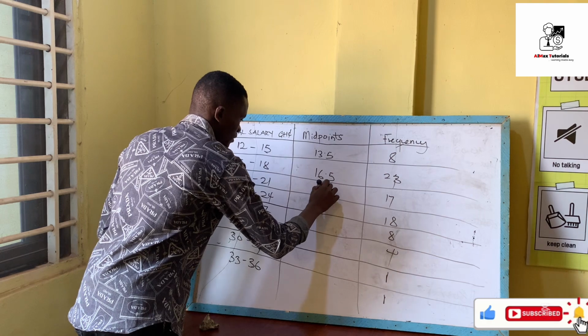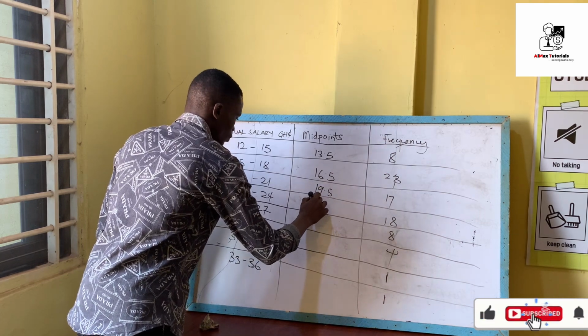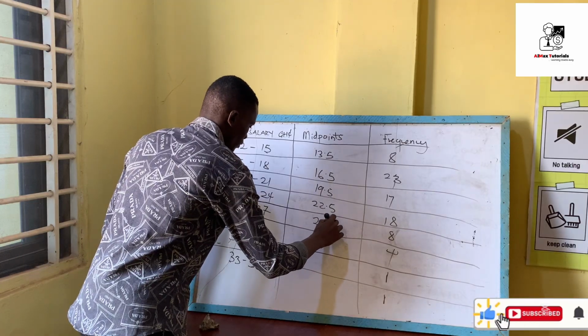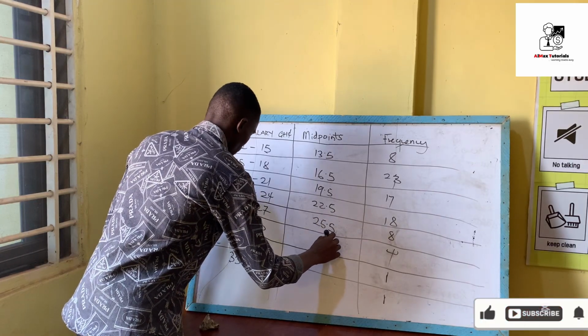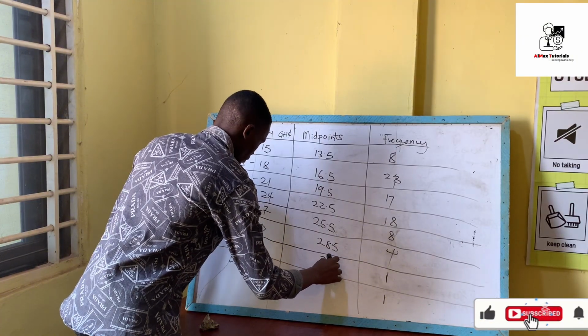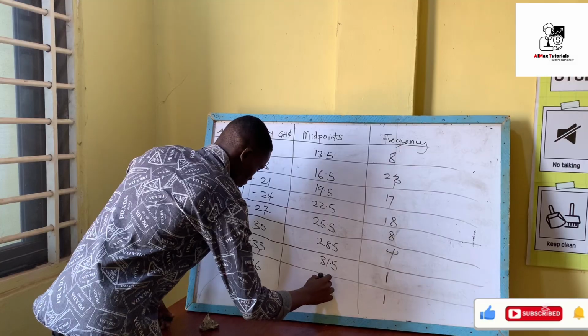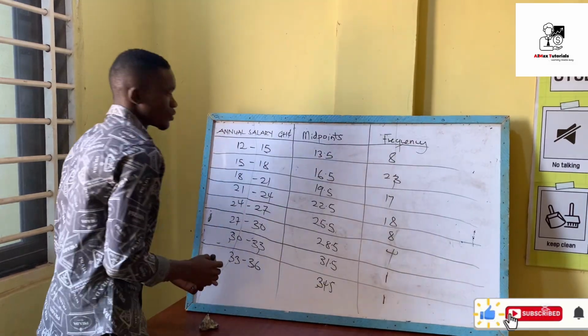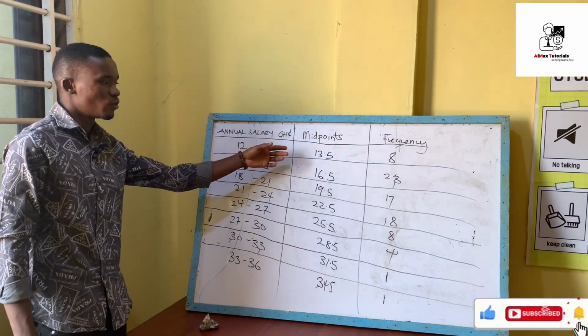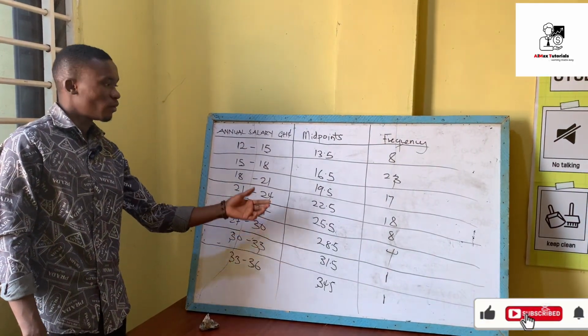Then we have 19.5, 22.5, 25.5, 28.5, 31.5, and our last one will be 34.5. So it's not anything difficult. You just sum the lower limit and the upper limit, then you divide by 2.